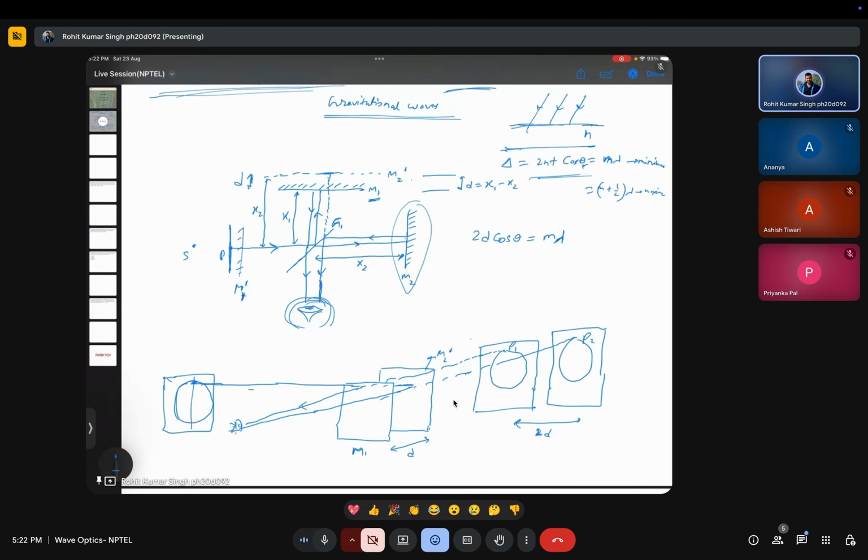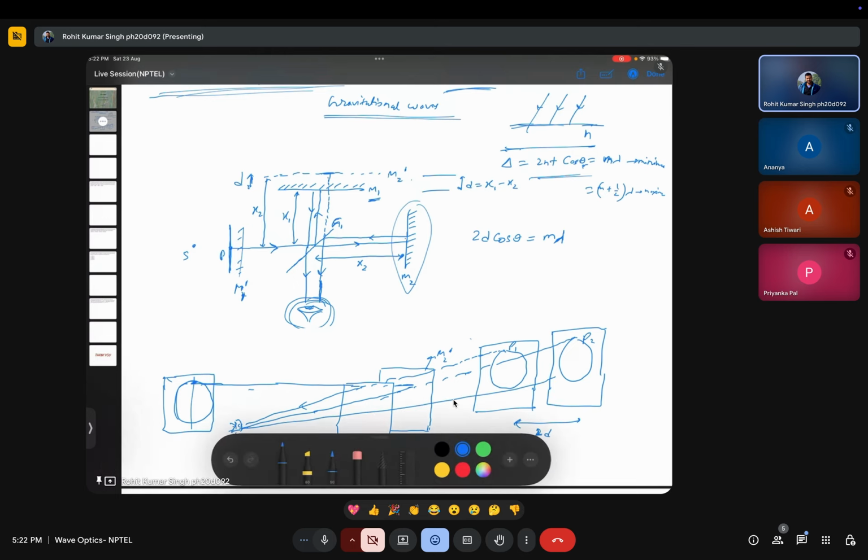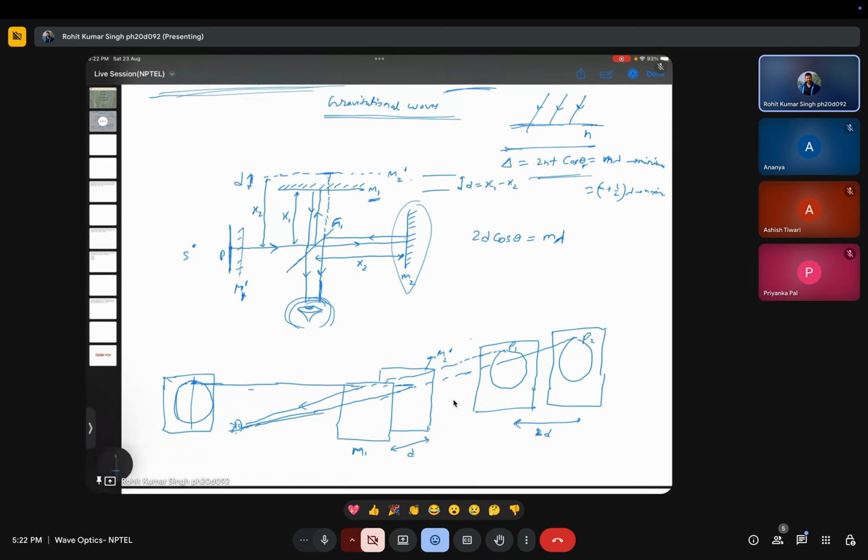And this angle, if you consider the center point, this angle is your theta, which in this case was the angle of refraction.